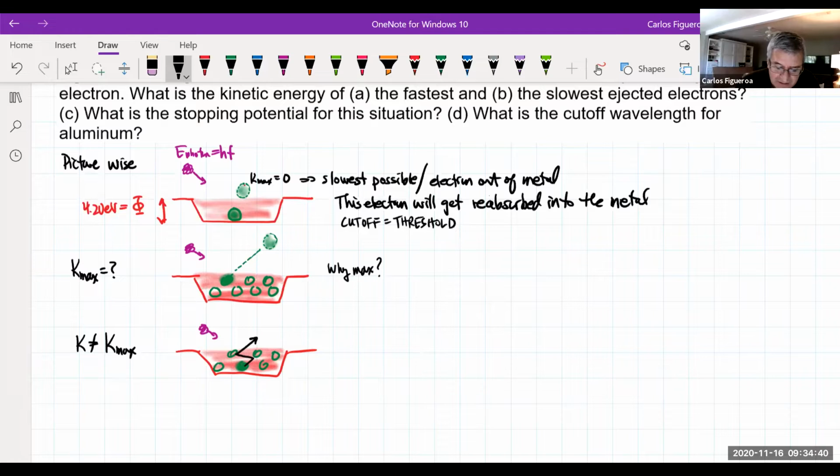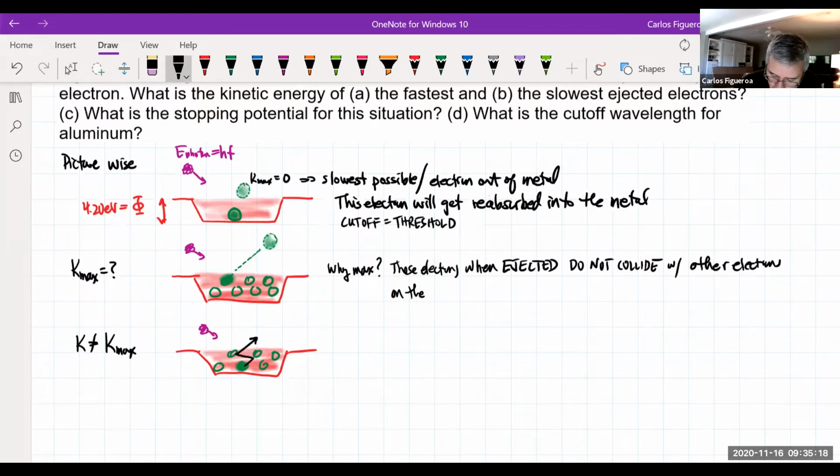Because they're at the highest part of the well, these electrons, when ejected, do not collide with other electrons on their way out.